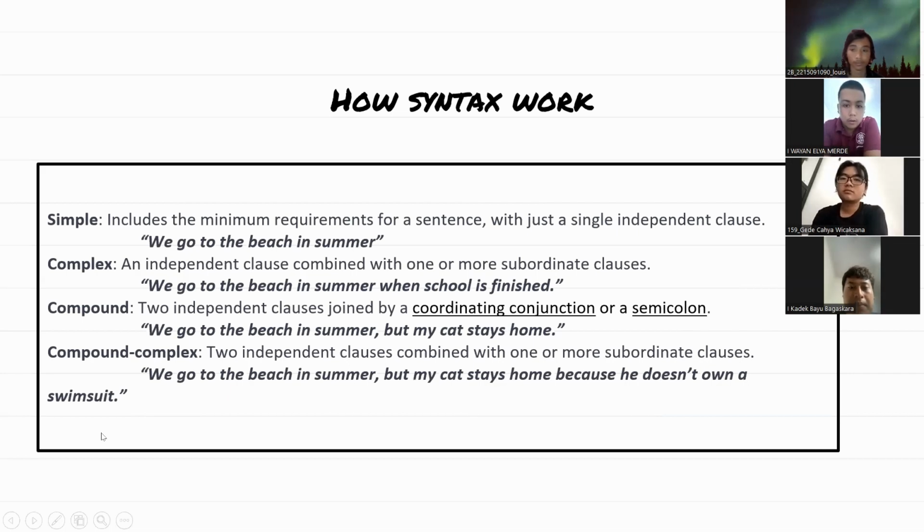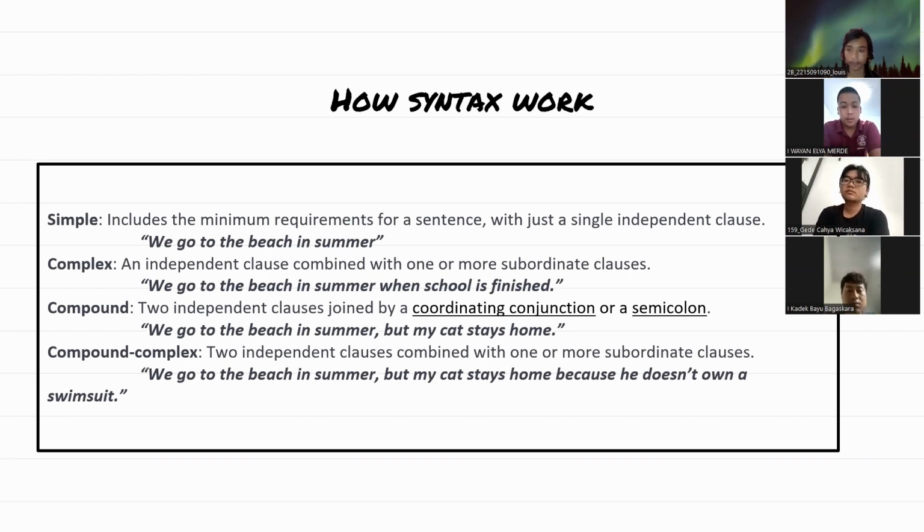Okay, thank you all. So I will explain more about how syntax works. There are four ways we use syntax in a sentence.